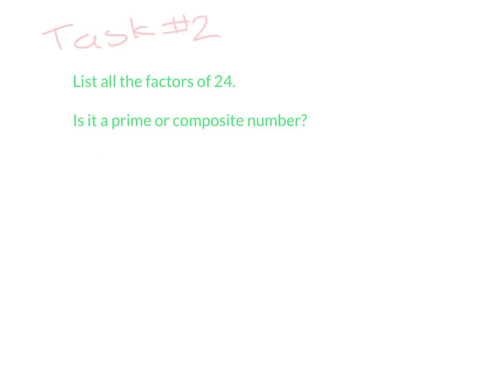So I'm going to list out some factors of 24. I know 1 times 24 is 24. That's a given. What else can I think of? I know 2 times 12 is 24. I know 3 times 8 is 24, and you could have used your multiplication table to list all of these. I know 4 times 6 is 24.